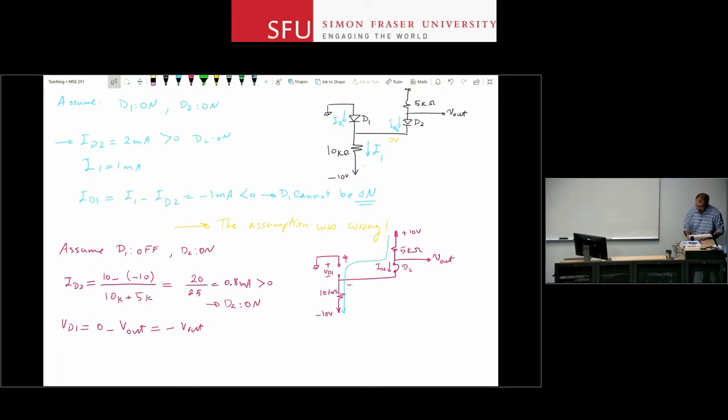I use superposition. So for V out, the other thing I do is use the voltage division rule that I talked about earlier. So I look at applying the 10 volt supply and figuring out V out based on the division between the 10K and 5K, and then apply the minus 10 volt source and figuring out the voltage division between 5K and 10K.